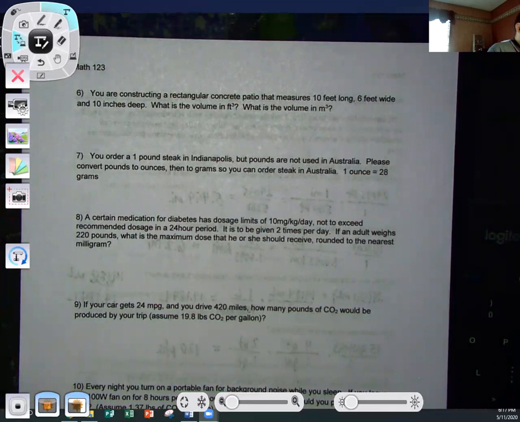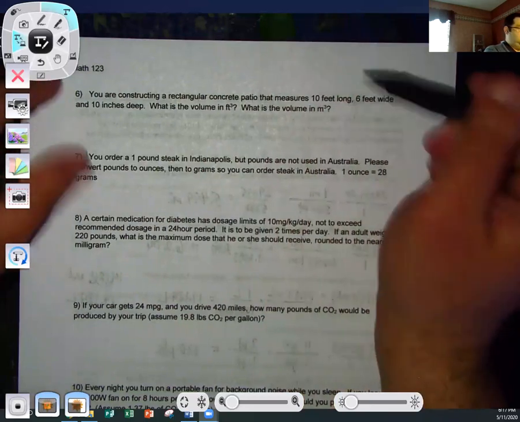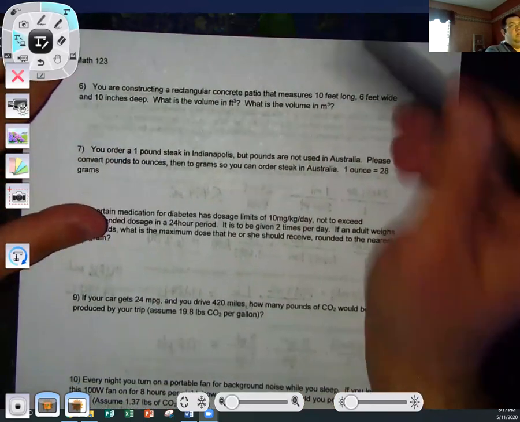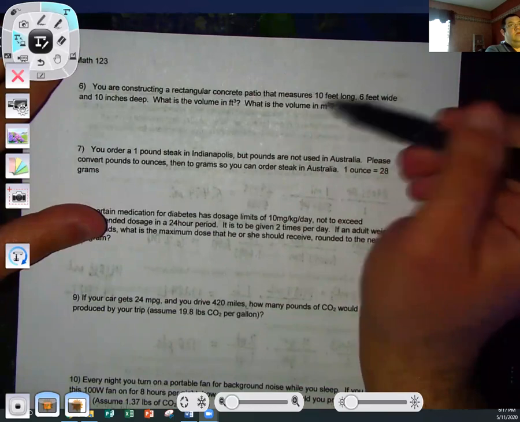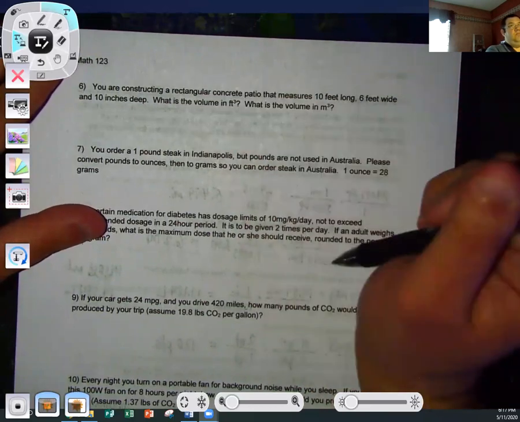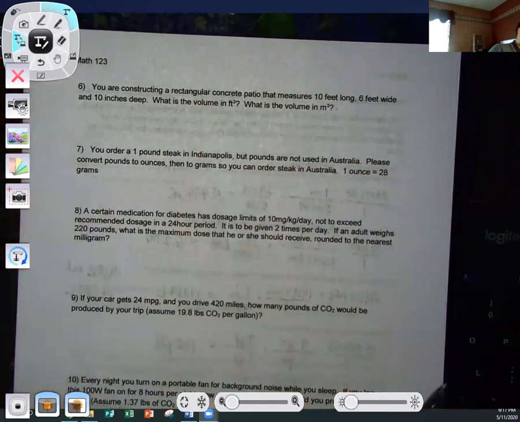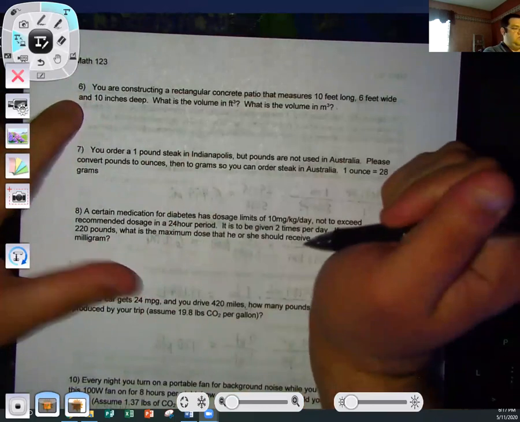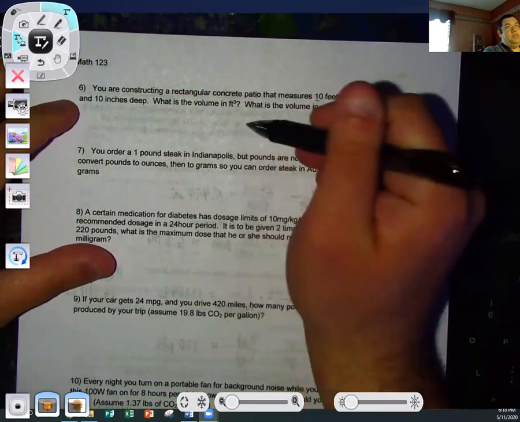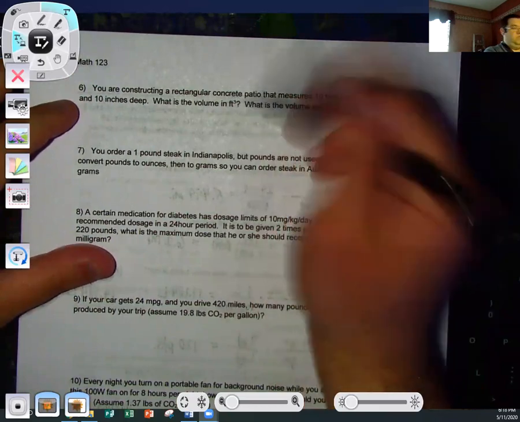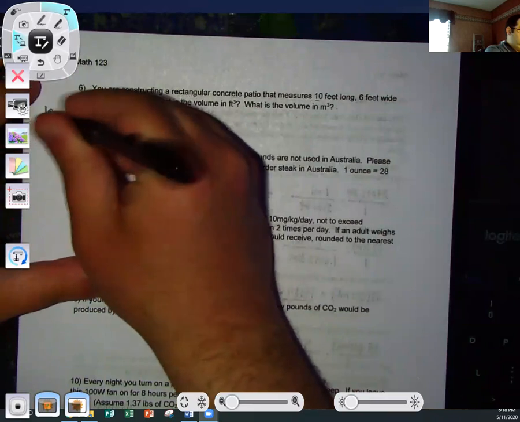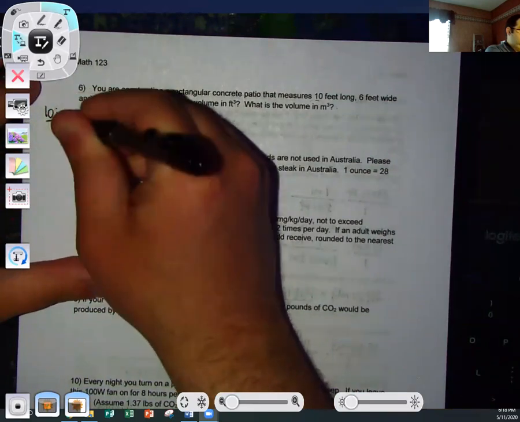Okay. So to calculate volume, first things first we need to do here is we need to calculate each unit as the same. So we've got feet, feet, and inches. So there's 2 ways that you can do this. One way would be to convert inches to feet or convert feet to inches. Well, because they're asking us to do cubic feet, we would take the 10 inches and I would convert that to feet.